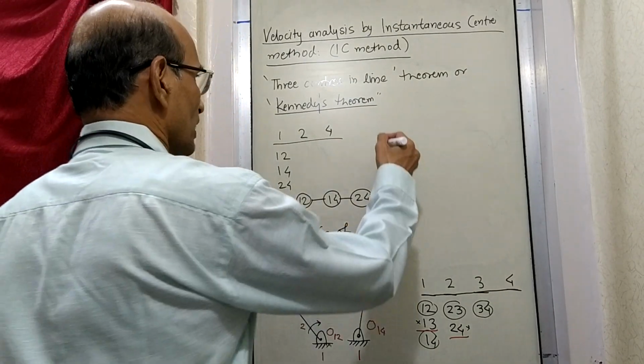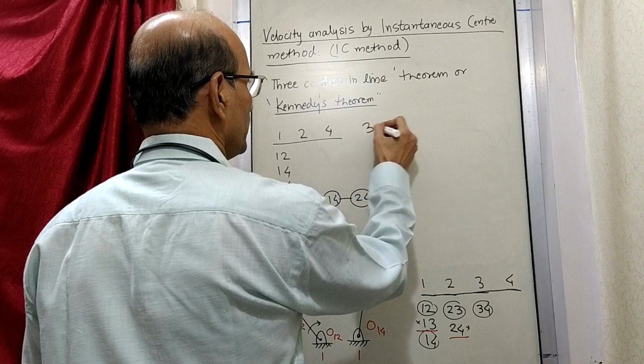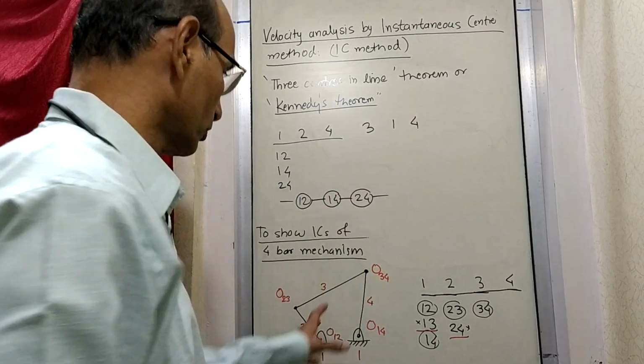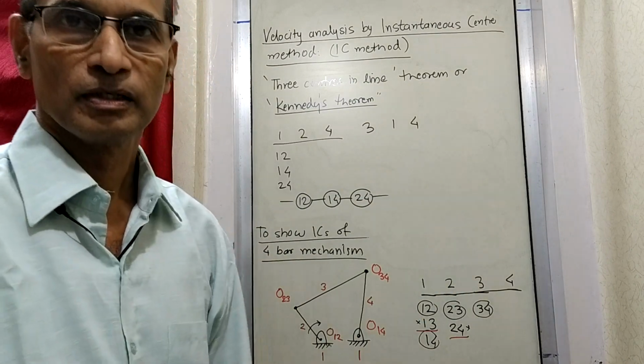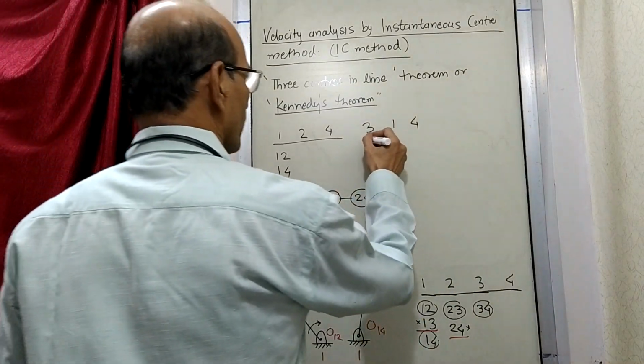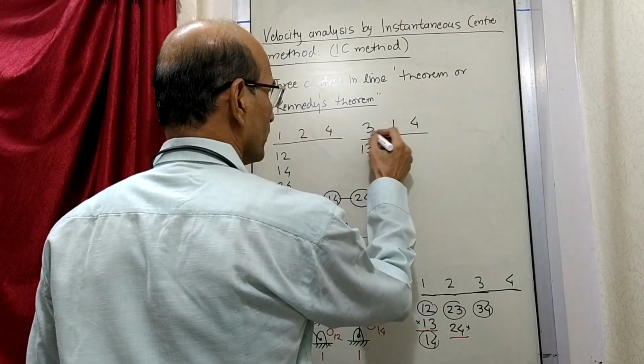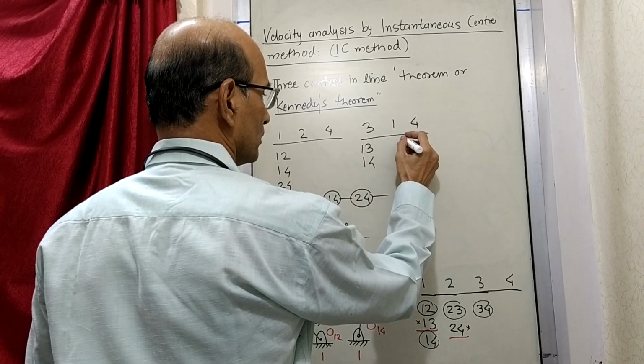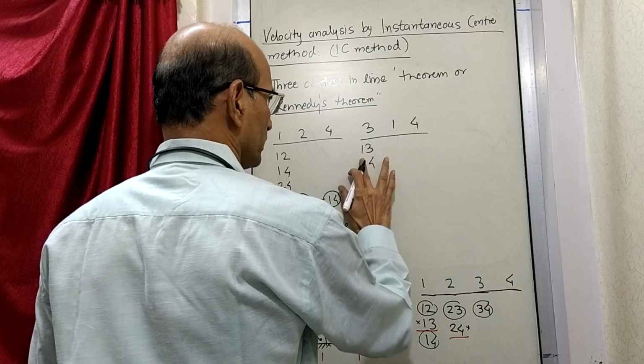Suppose you take some other combination, let's say 3, 1 and 4. So I have taken these 3 links out of the 4 links. Now what will be the centers formed? 1, 3, 1, 4 and then 3, 4 I'll write here.